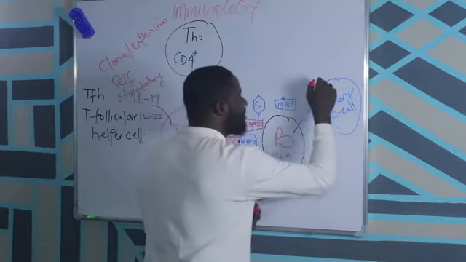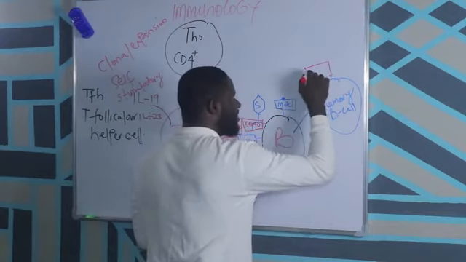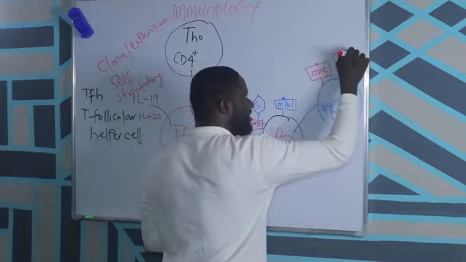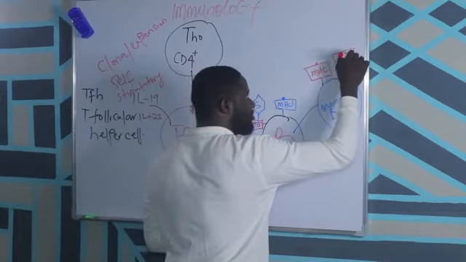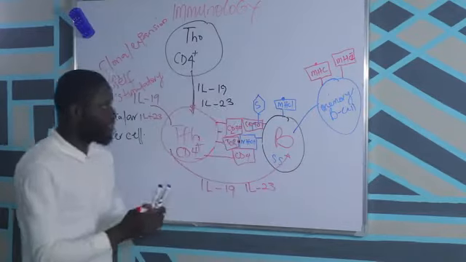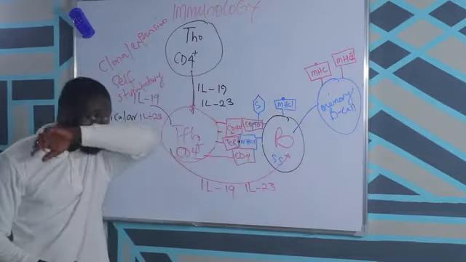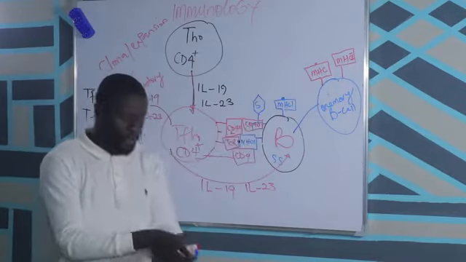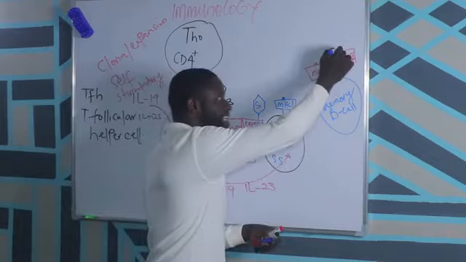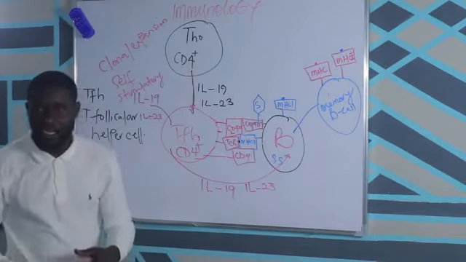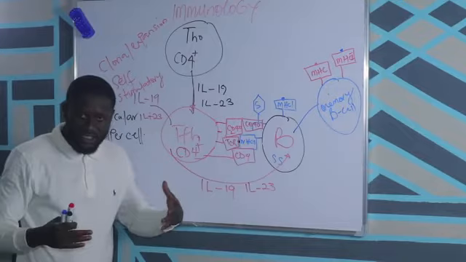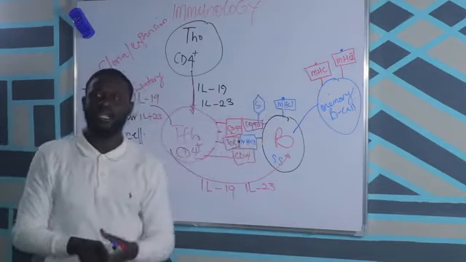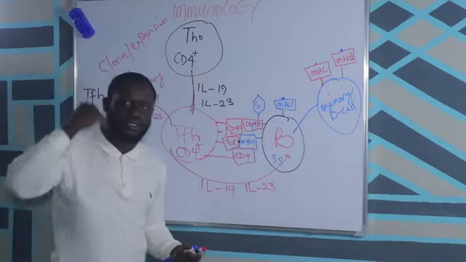So mind you, it has MHC1 and MHC2. So now, by so doing, the memory cell has both MHC1 and MHC2, presenting the viral peptide to any immune response, so that they know that this particular viral peptide has been fought.